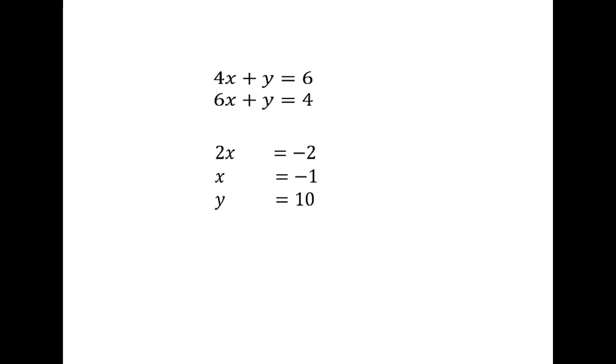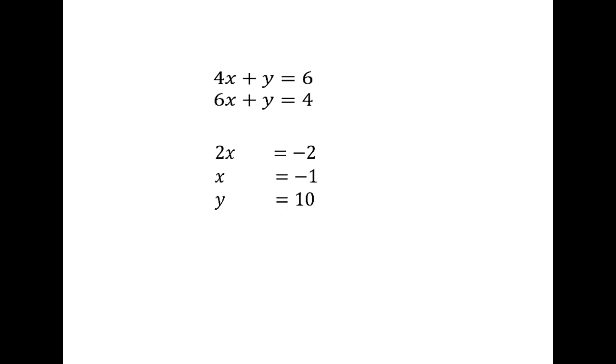Example number 2, we have 4x plus y equals 6 in the first equation, then 6x plus y equals 4. Again in this example, the y's are the same, and they also have the same sign. That means that if you subtract them, the y's simply reduce to 0.